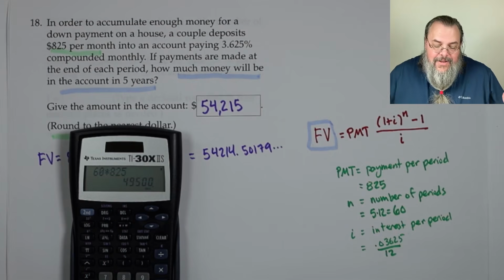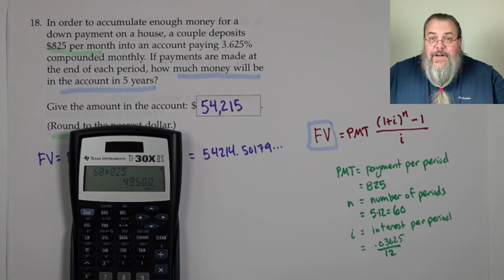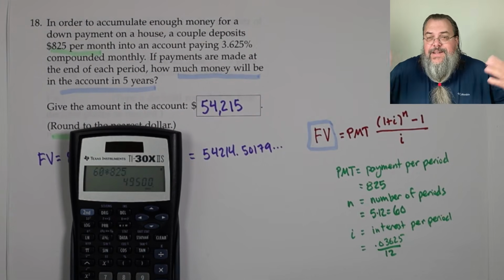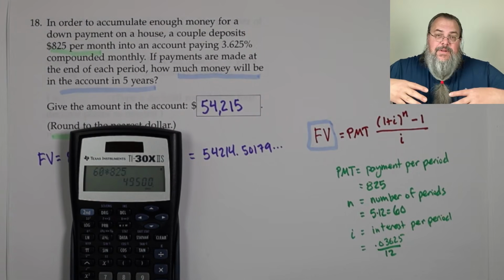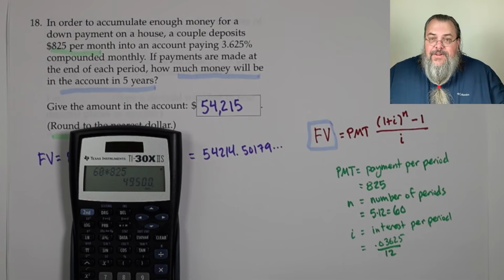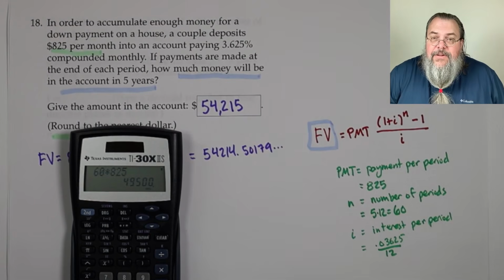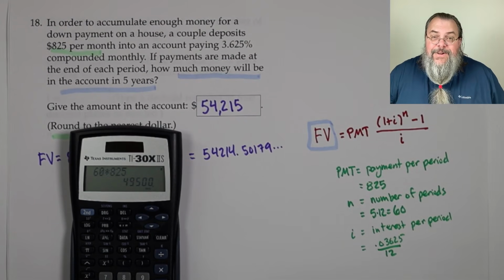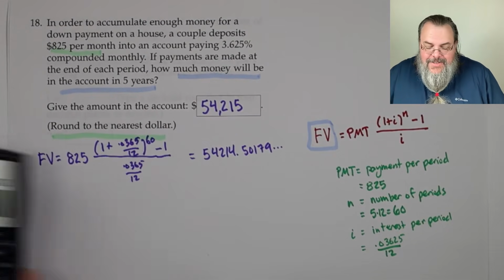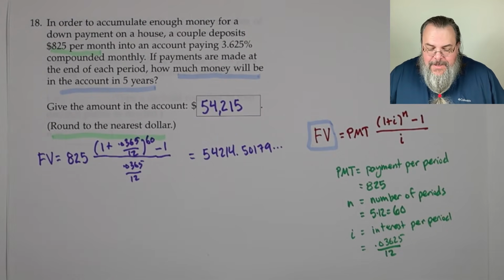Now throw in a little bit of interest, it definitely should be above 49,500, but 3% is not a huge number, so it's not going to be ridiculously above that. So a few thousand, that sounds ballpark. That's in the right range. All right, nice. There we go.